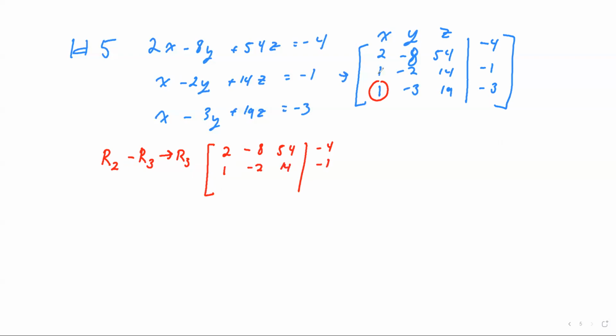All right, so 1 minus 1 is 0, which is what we wanted. -2 minus -3, that makes it a positive, so that actually ends up being 1. And then we get 14 minus 19, which is -5.